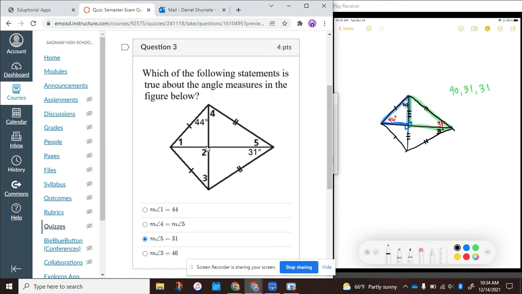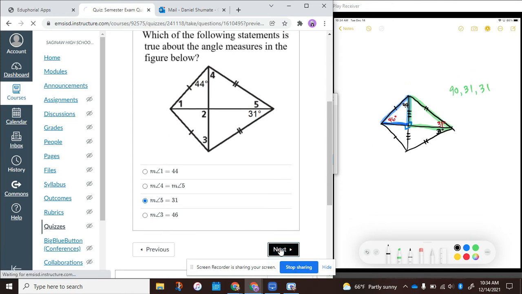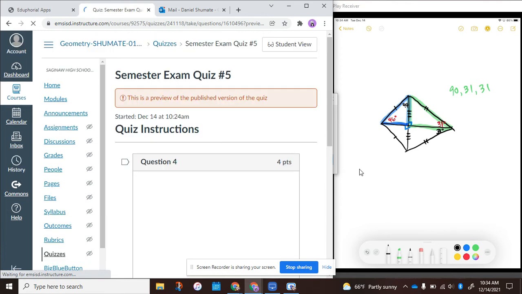These two pieces of our shorter diagonal are the same length, and that indicates to us that this right here is an angle bisector. And so that means this one is 31, that one's also 31. All right, that's how we get to this answer choice right here. Interesting little things, kites. Funny how they work like that.